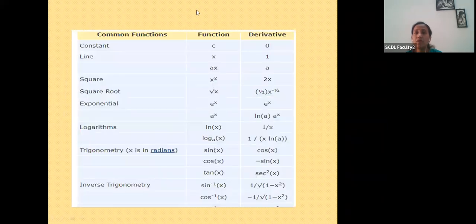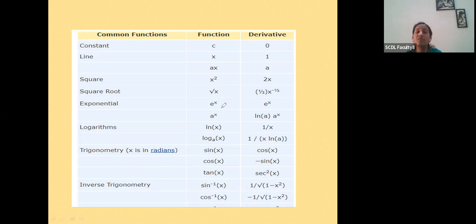So here you can see x square, so 2x. First of all, n is nothing but 2, n is equal to 2. You have to write 2x. Now at this stage, n minus 1 means 2 minus 1, so 2x raised to 1 you can see. Now for the square root, square root means x raised to half. So half we are taking here. Again the same formula: half x then minus half.